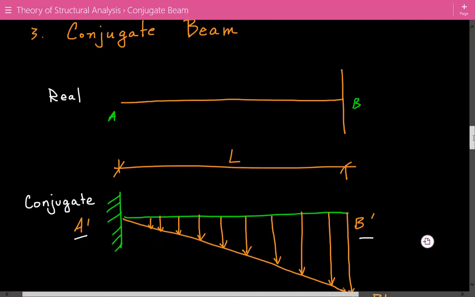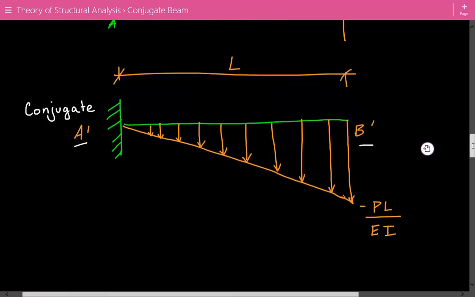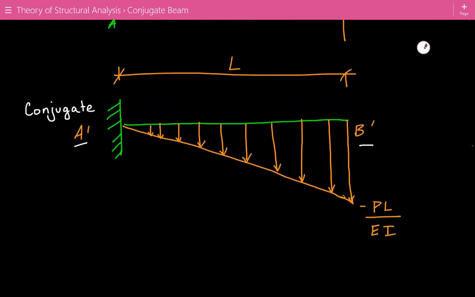Then on this conjugate beam, we're going to overlay the M over EI diagram, which we can consider the conjugate loading. Because it's negative moment and it's below the beam, it's important to make sure the arrows are pointing away from the beam.